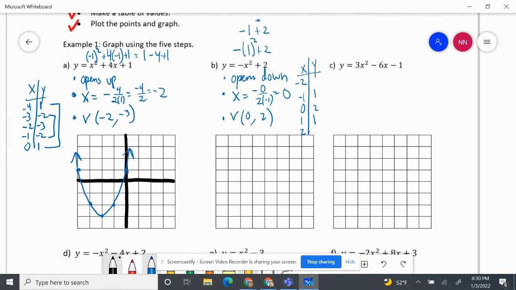Then I take the 2 and I plug it in. 2 squared is 4, but because of the negative, it's -4 plus 2, which is -2.